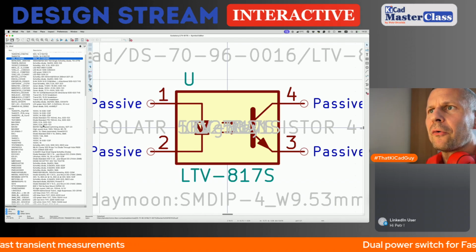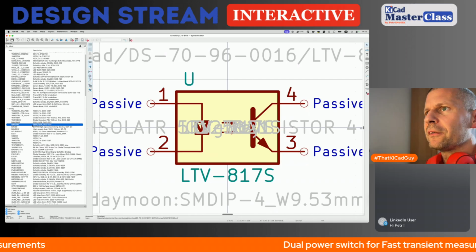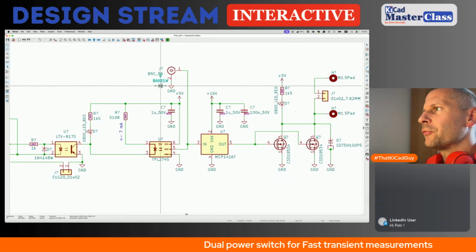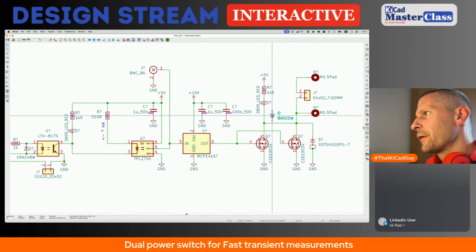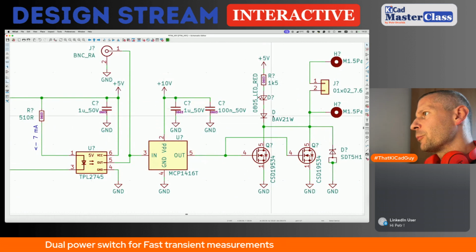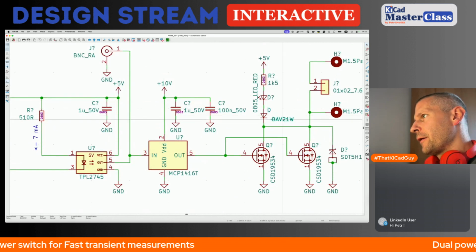Yeah, recently I used this one. This is 123 that can be used. And we need to place the diode here. Why?